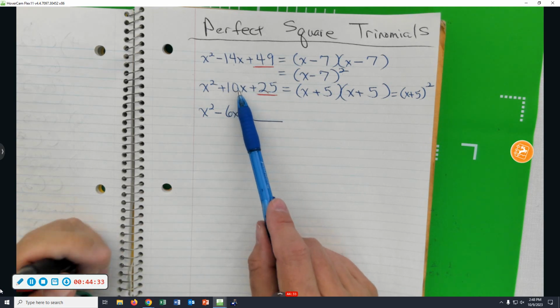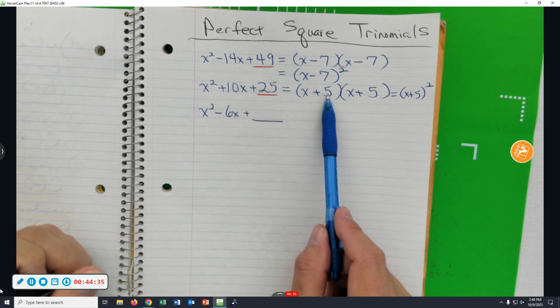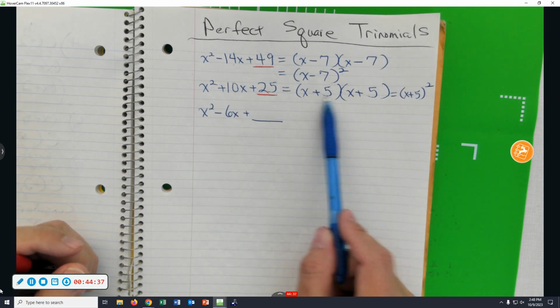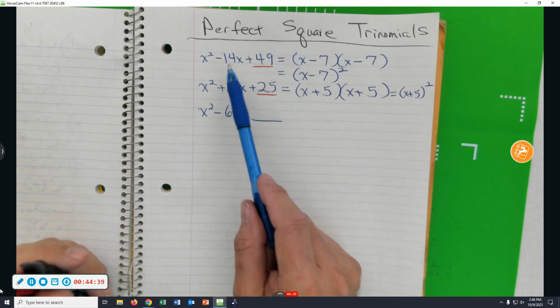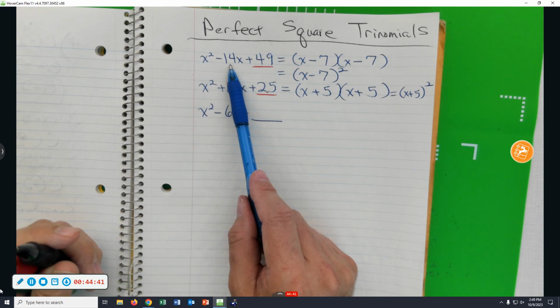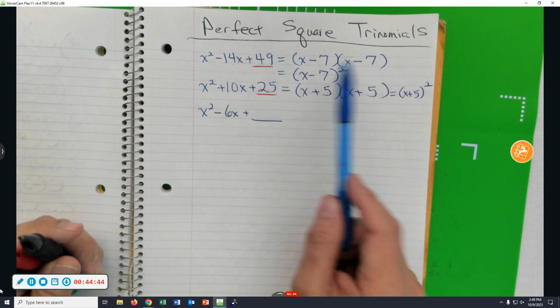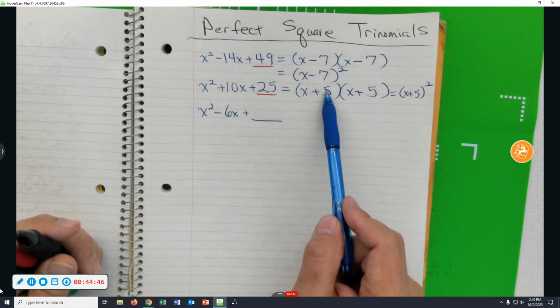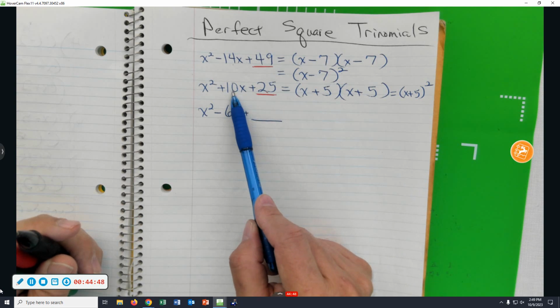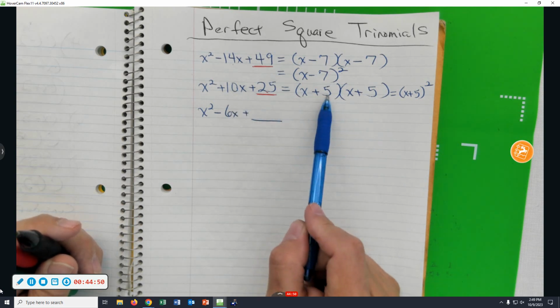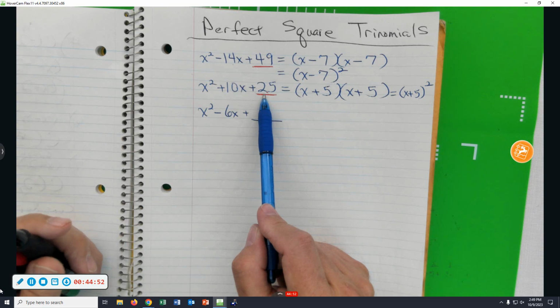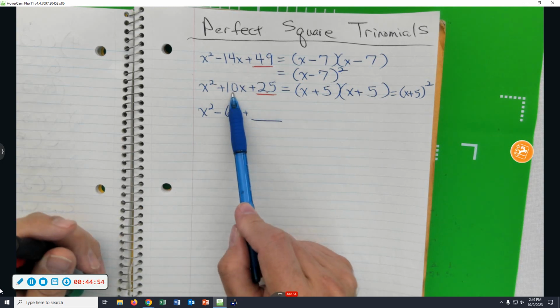When you're factoring that 10, half of 10 is shown up there in the factorization. What's half of 14? 7. So it looks like that number in the parentheses is half of that number there. What do you do to that half number to get this constant? Square it. Take half and square it.